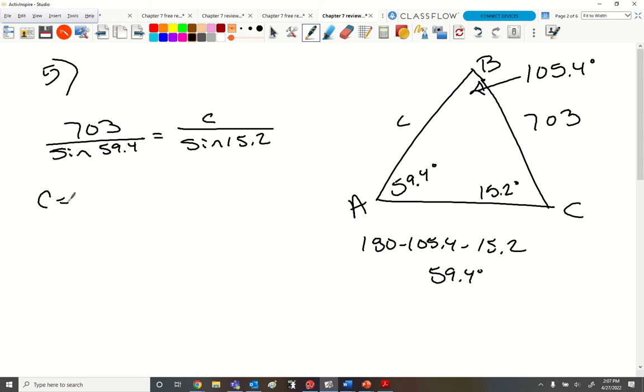So I get C is equal to 703 sine of 15.2 divided by sine of 59.4.